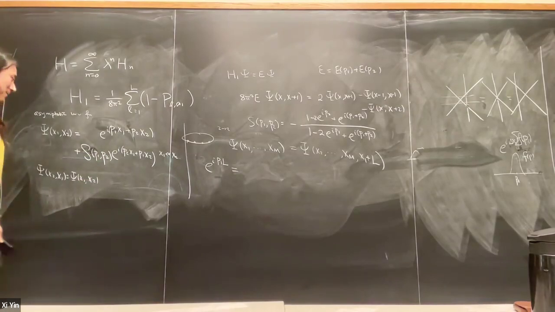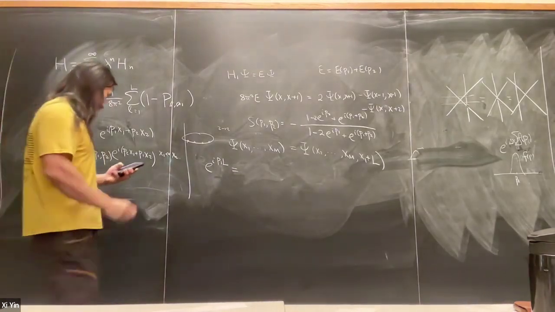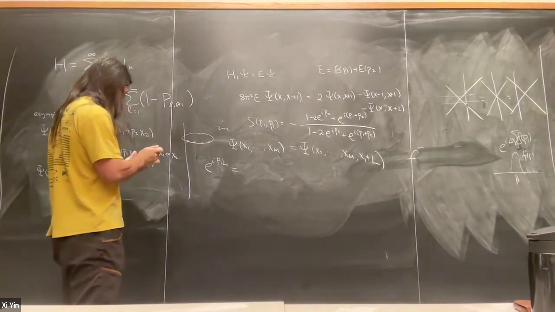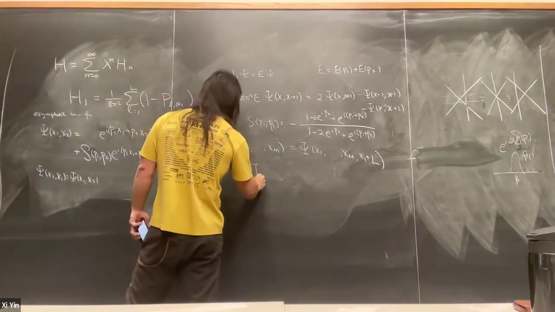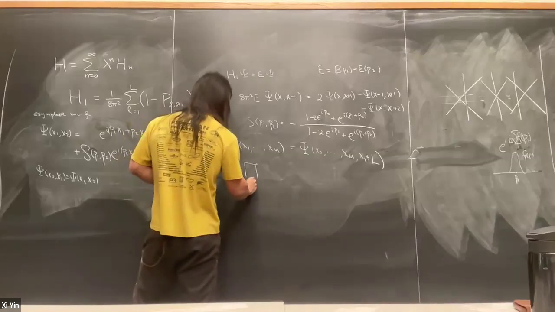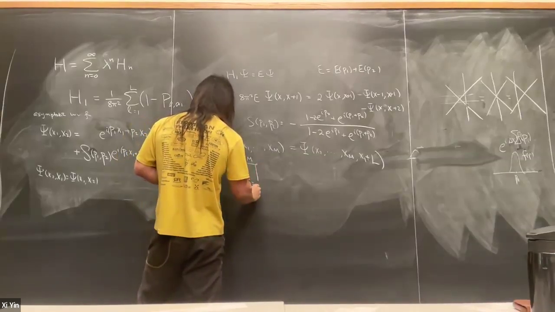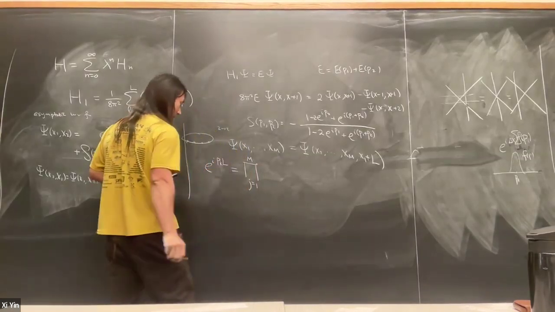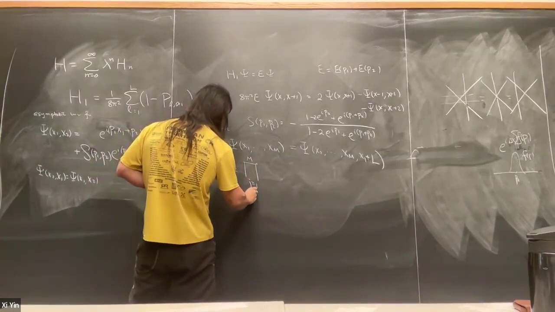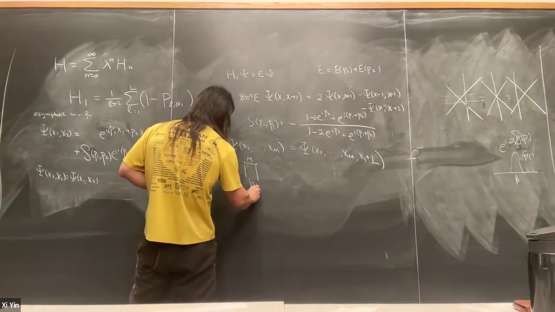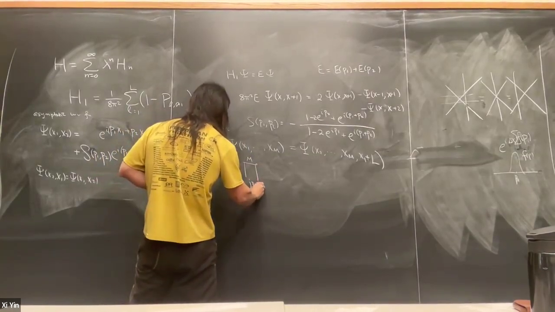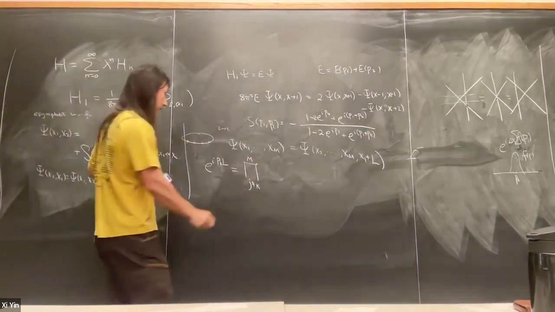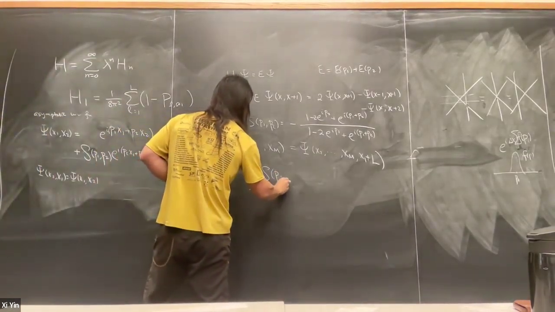It's an exercise that requires a little bit of thinking, but at the end of the day, the result has a very clear interpretation. It's the product over j from 1 to M, j not equal to k, of S(p_j, p_k).